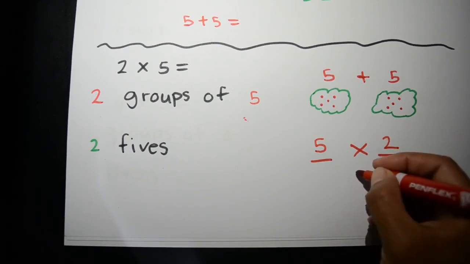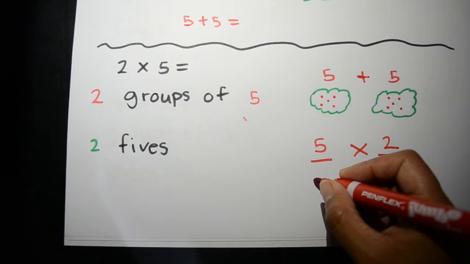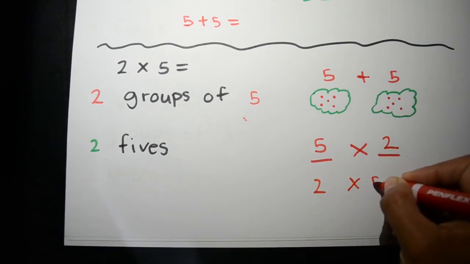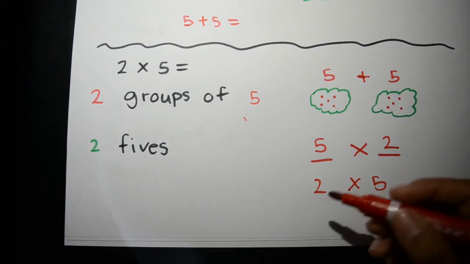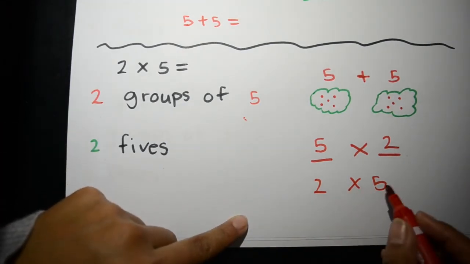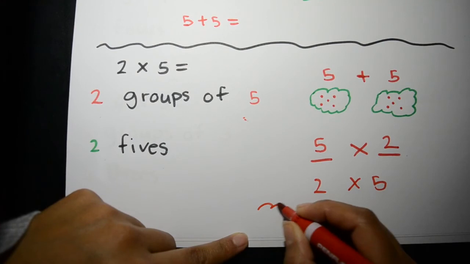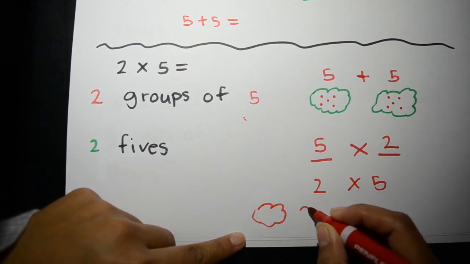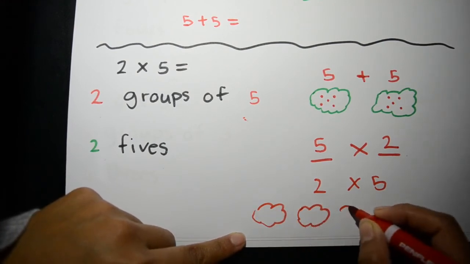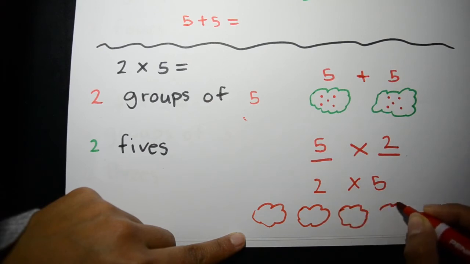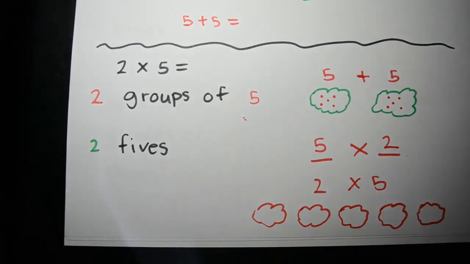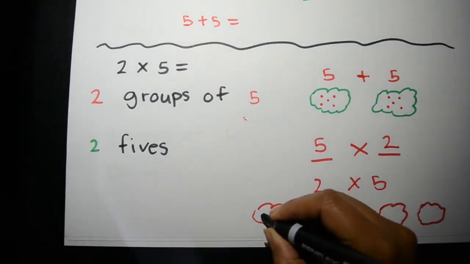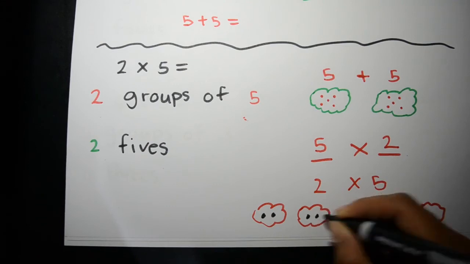If I switch it around and I say 2 times 5, then all I'm saying is that there are 5 groups, and inside those groups there are 2.